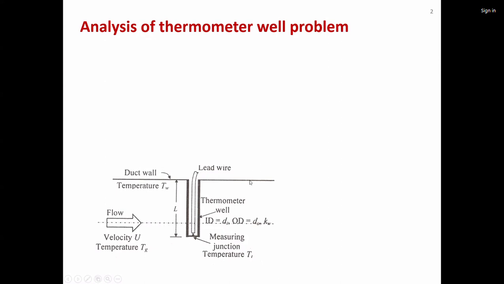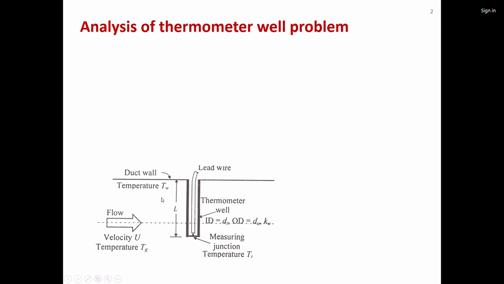Now, if you just mount the thermocouple right on the surface, it may not depict the temperature of the fluid, because the heat transfer area between the fluid and the surface is very limited, and that will have a higher time constant.